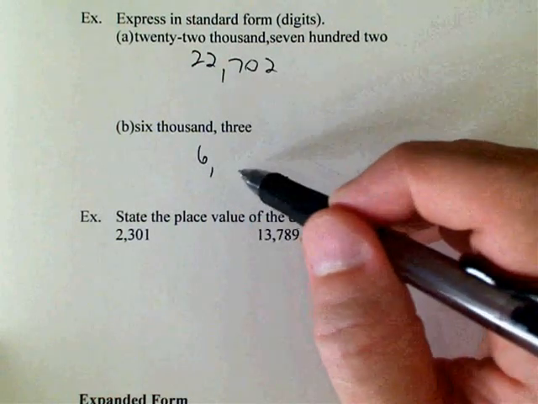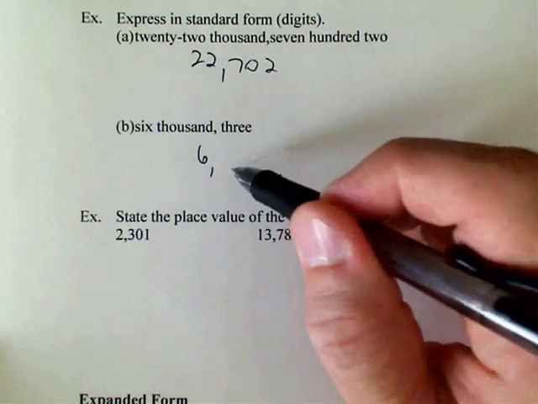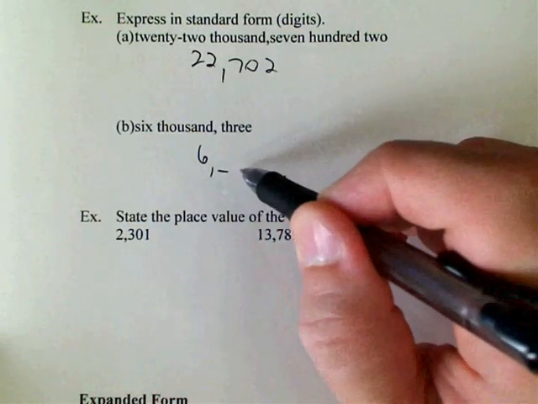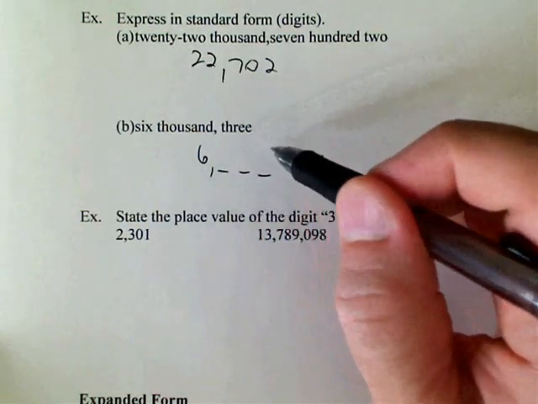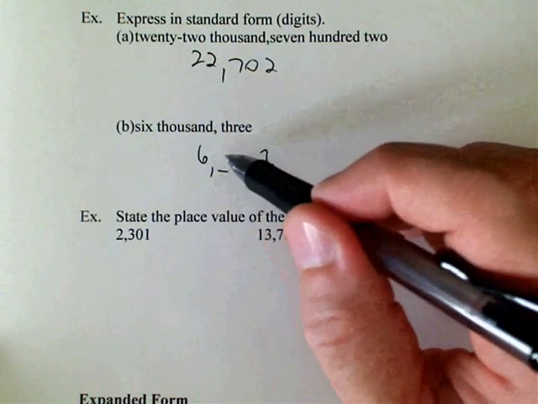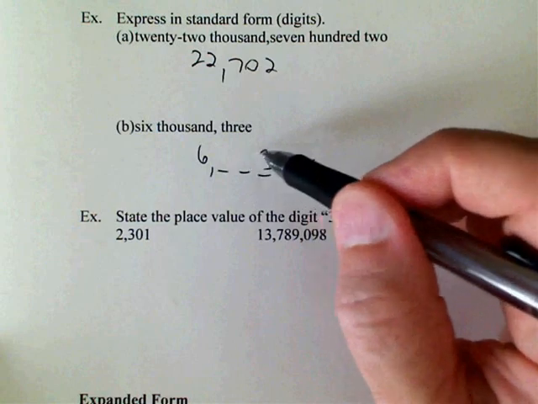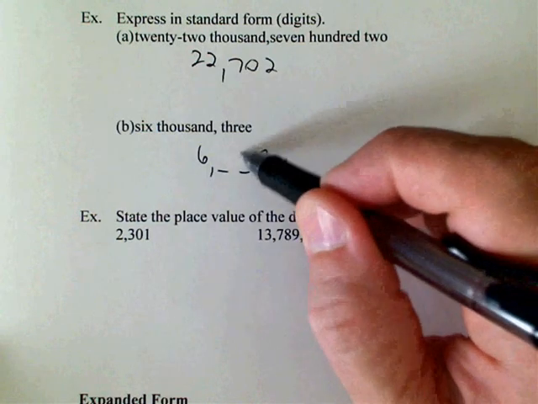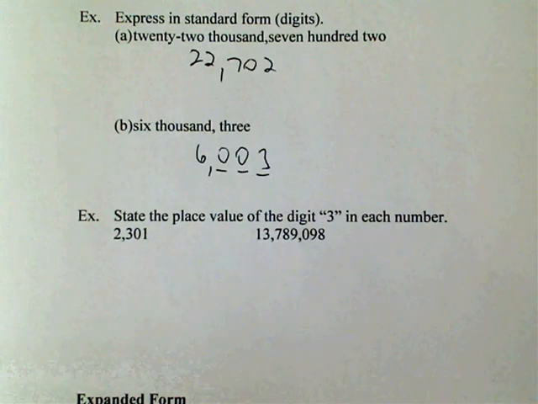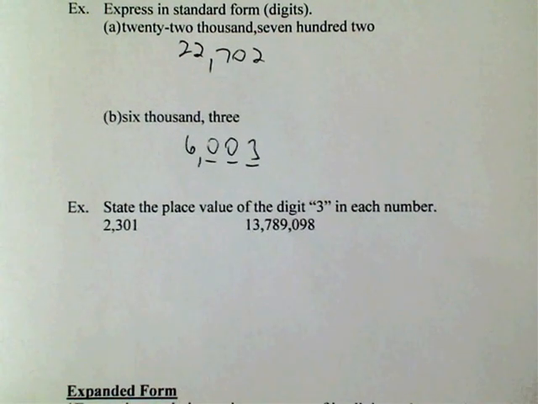If you want to use something like blanks to help you out, that's fine. That'd be the thousands, the hundreds, tens, ones. So the 3 goes in the ones place because it's just a 3, not 300. If you put it there, it makes it 300. If you put it there, it makes it 30. That's 3. So we use zeros as placeholders. That's just some examples of how to state words in standard form.